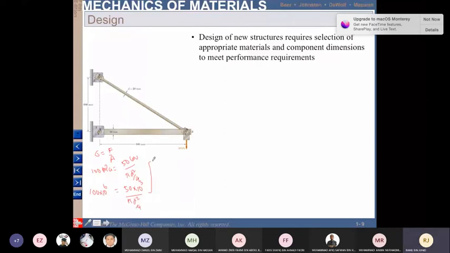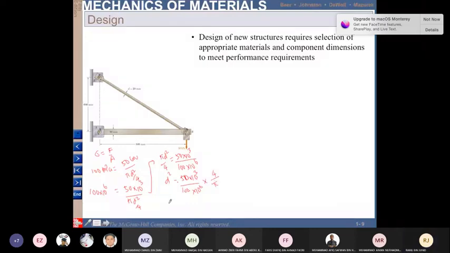So you bring to here. So pi d square over 4 equal to 50 times 10 to the power of 3 divided by 100 times 10 to the power of 6. Okay, and then d square equal to 50 times 10 to the power of 3 divided by 100 times 10 to the power of 6, times 4 over pi.